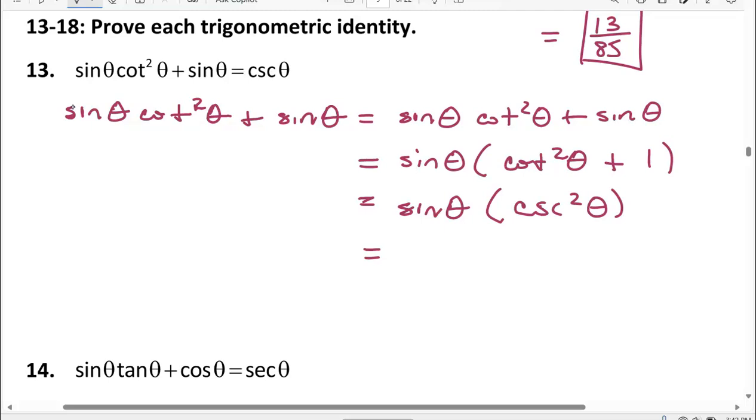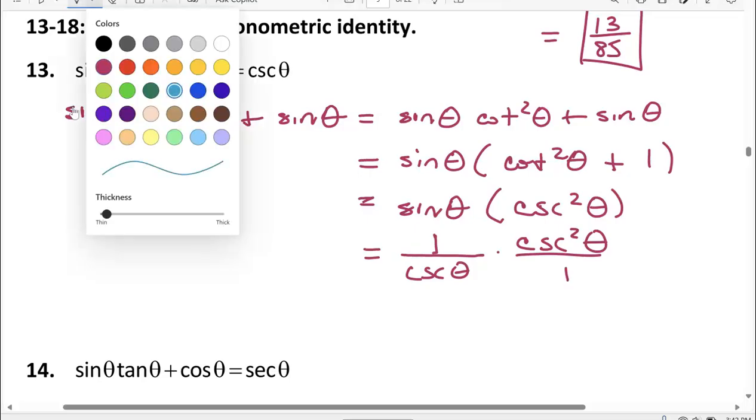And if we look at the target, it is cosecant of theta. So sine of theta can be written as 1 over the cosecant of theta, and then cosecant squared of theta is cosecant squared of theta over 1. Now we can cancel some common factors.